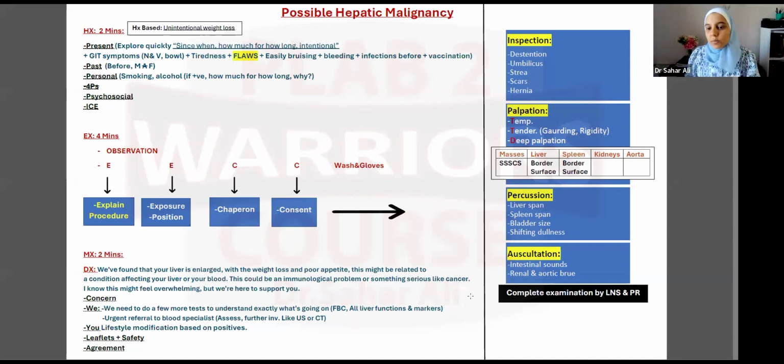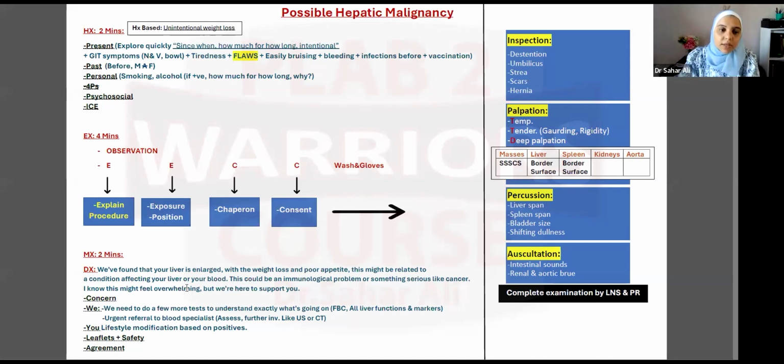Then I will complete my examination by checking the glands in the lower limbs and perirectal examination. Then your management. You should be able to do abdominal examination in 4 minutes. And it's doable by practicing.